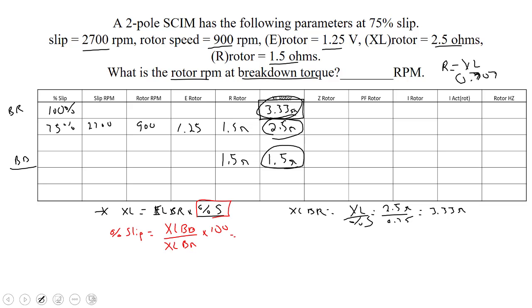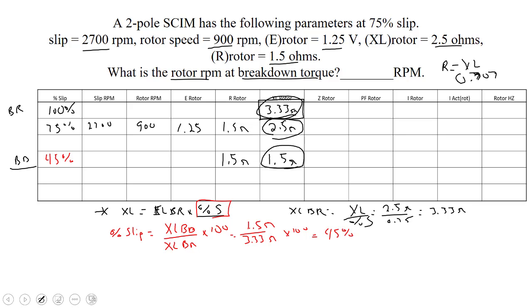So that's going to be 1.5 ohms divided by 3.33 ohms times 100. And that should work out to be approximately 45%. All right, 45%. Good stuff.